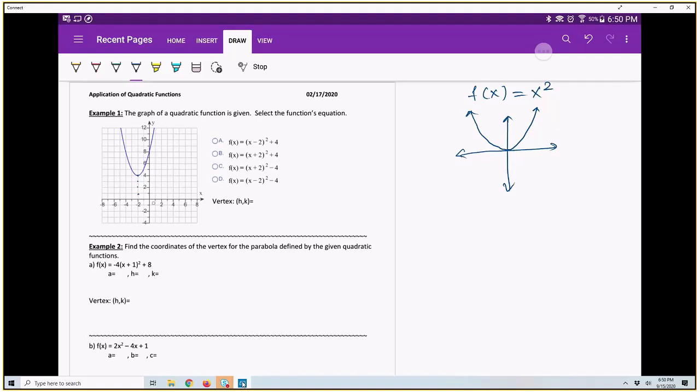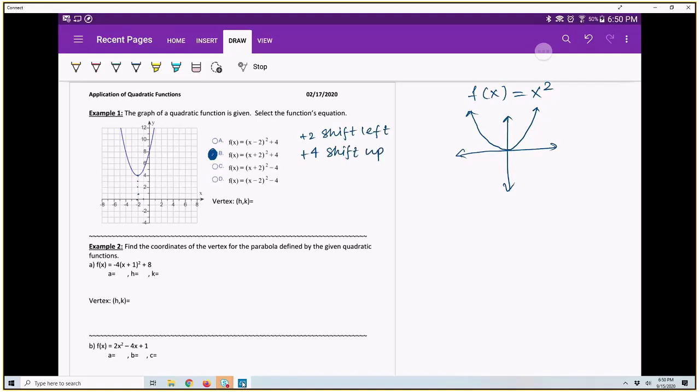And it has shifted 2 units to the left, so that should be a plus 2. So that means this equation is going to be f(x) equal to (x plus 2) squared plus 4. So the plus 2 is shift left, and the plus 4 is shift up.